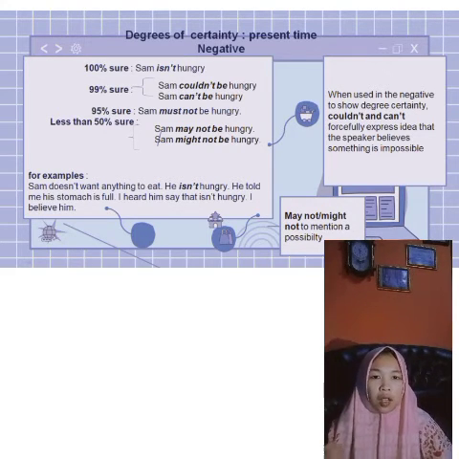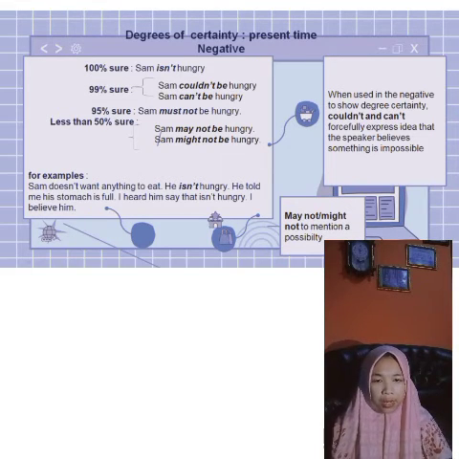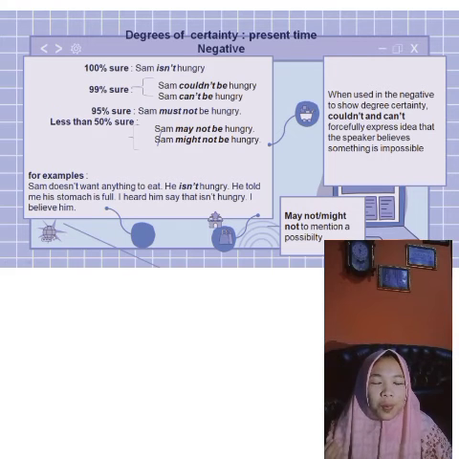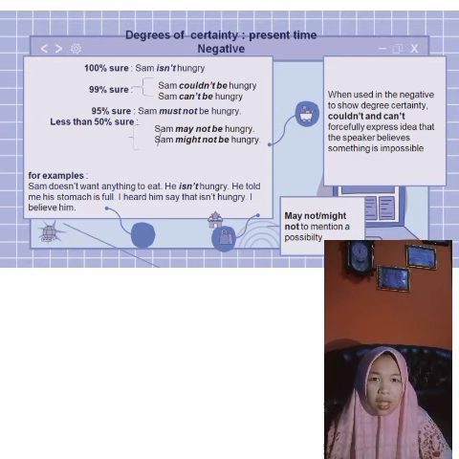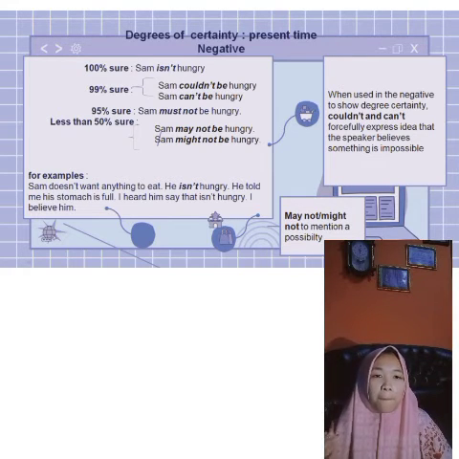At a certainty level of 99% in the negative, couldn't and can't are used as markers that something couldn't happen. At a certainty level of 95% in negative form, we feel certain that something cannot be true or is impossible, but we feel there is another possibility, so we can use must not be to express our uncertainty.